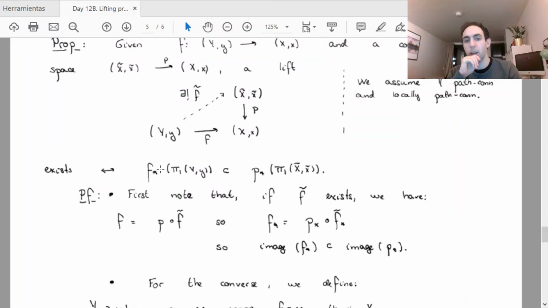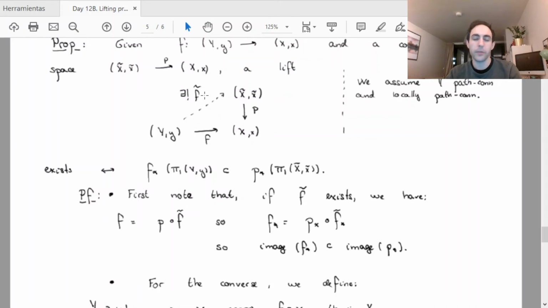Now let's look at the arrow from right to left. How do you construct such an f tilde? There's only one thing you know how to do, which is lift paths. So what we're going to do is use paths and try to define f tilde by lifting paths like crazy. The issue will be that it is only under this assumption that these paths will define f tilde nicely.